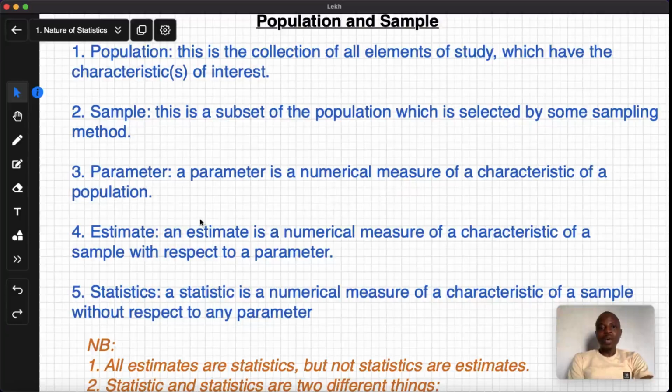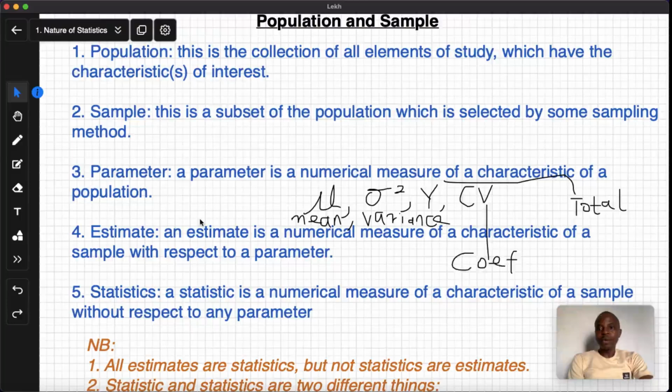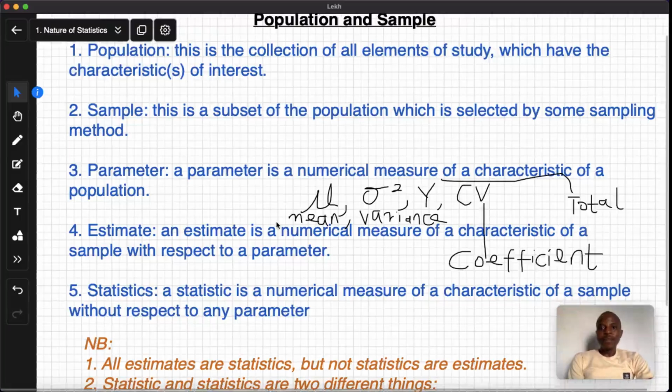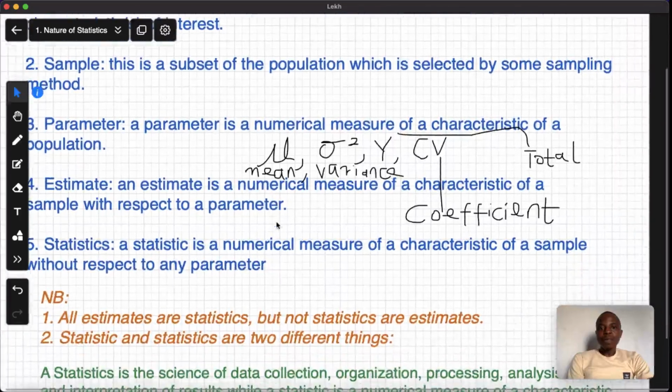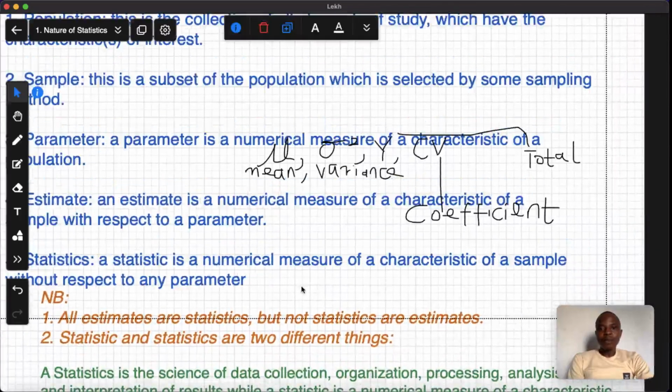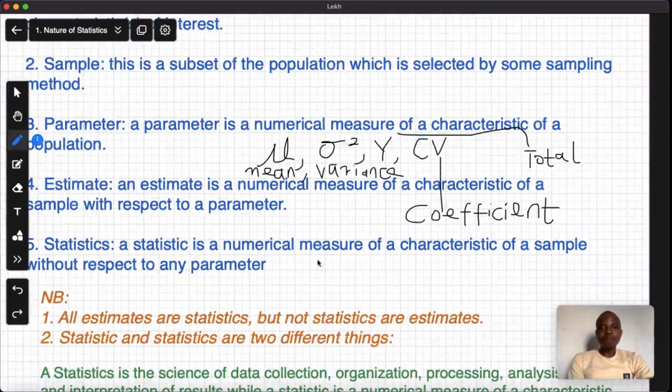So with respect to a parameter, what are the parameters? Like what we have here: the variance, the mean, the population total, and the coefficient of variation. An estimate for the mean will be referred to as X bar.